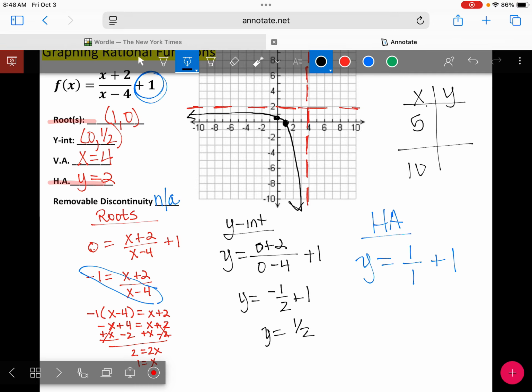Which equation are we going to substitute in? We're going to substitute it in just the original equation at the top.